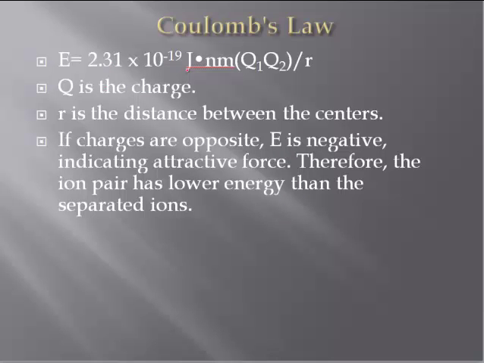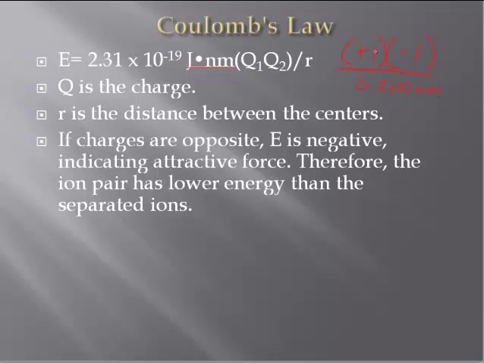So we've got this value, joules dot nanometers, and so what Q1 and Q2 means is the charge. So imagine a sodium charge would be +1, and a chlorine charge would be a -1, and let's say the distance in nanometers between the two was like 200 nanometers.